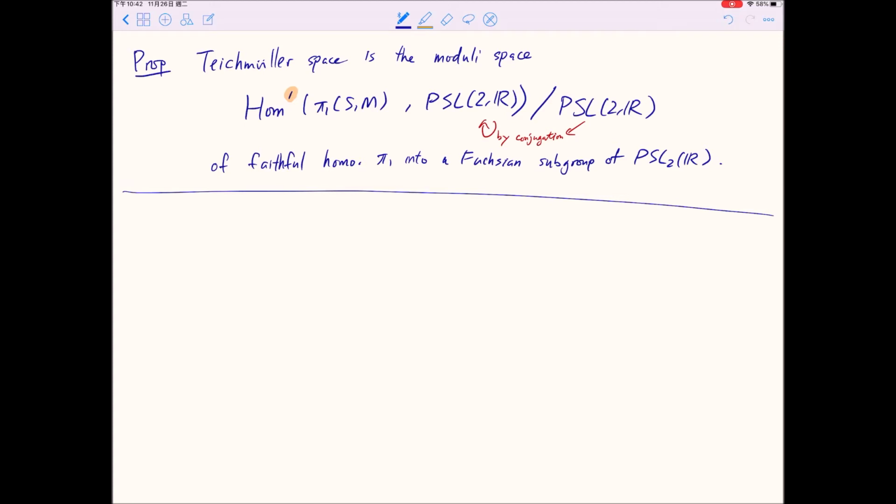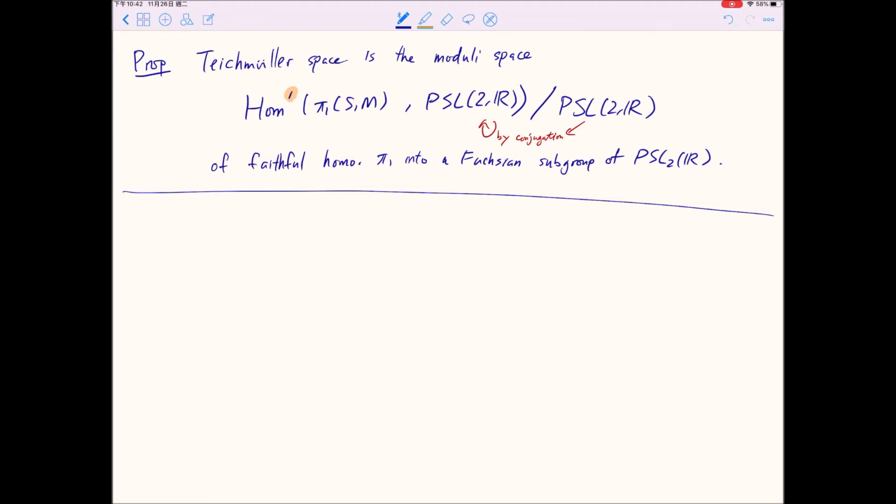If you know the geodesics between 2 points, or the distance between 2 points, then it will uniquely define your hyperbolic structure. So to describe a hyperbolic structure on a surface, you really only need to describe the collection of geodesics. And this will naturally give you a coordinate system of your Teichmüller space.